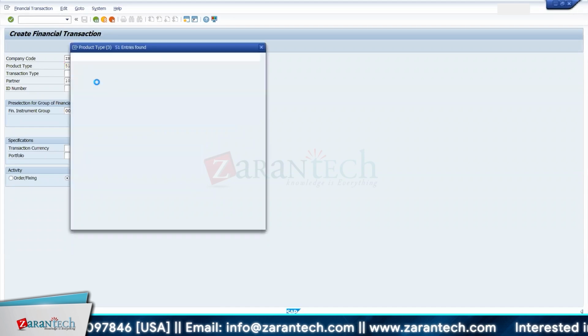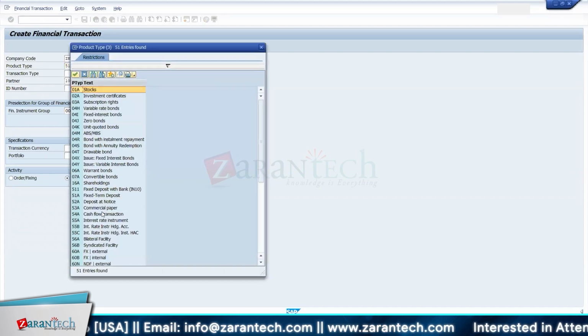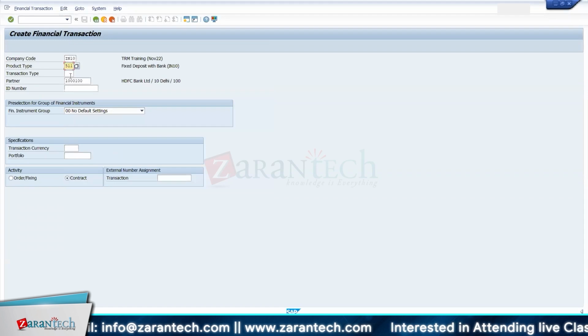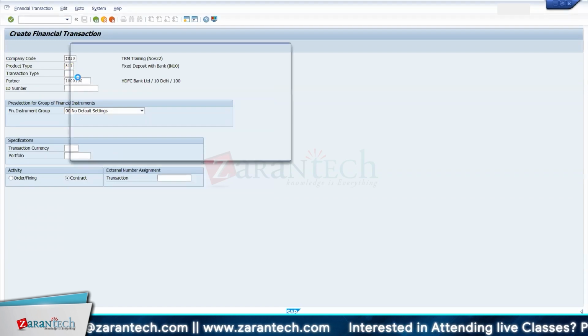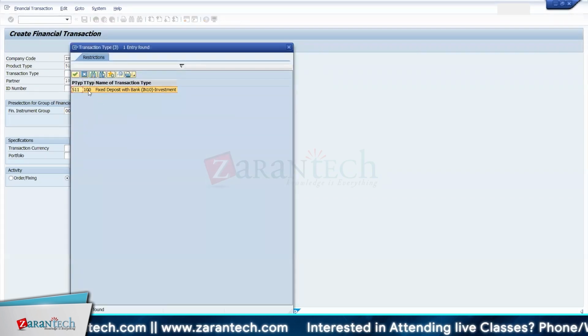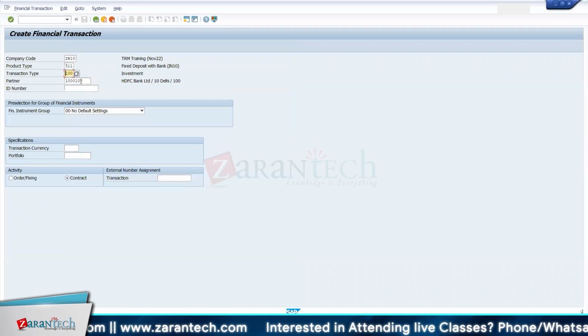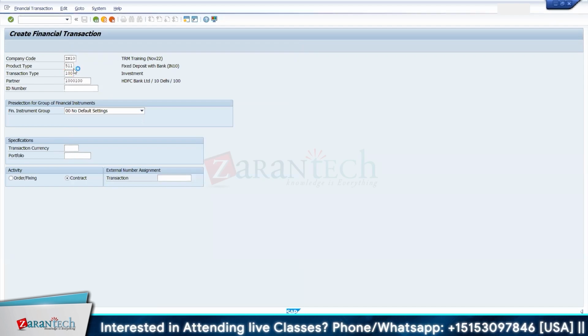You can get that in the drop down also, 511. And transaction type. So the transaction type is my fixed deposit investment, and which business partner? This is HDFC bank. So you need to give all this information and you can press enter.